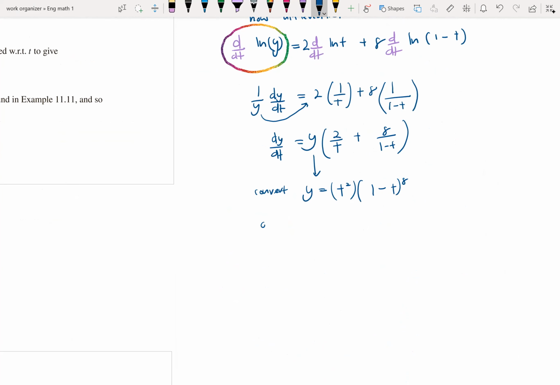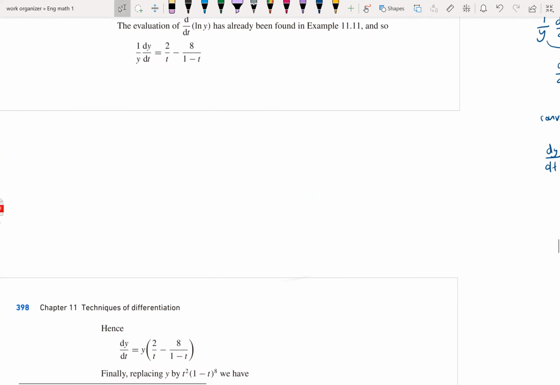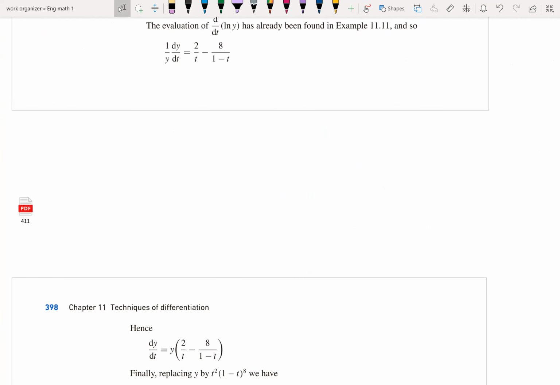So dy dt is equal to t squared (1 minus t) to the power of 8, and then 2 over t plus 8 over 1 minus t. Okay, that's it for logarithmic differentiation.